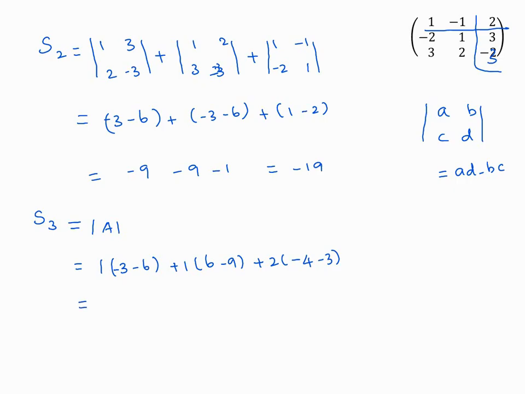So therefore, we get negative 9 and negative 3 and negative 14. Then you add these values, and you can get negative 26. So you get S3.